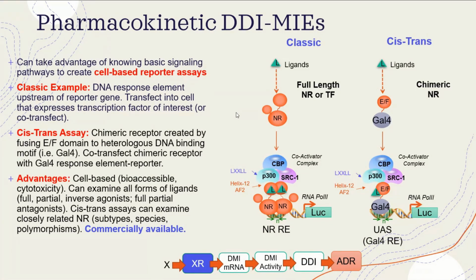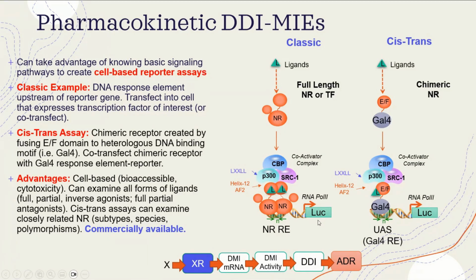What we are doing is we're taking advantage of what we know about how these xenobiotic receptors are causing their biological response. We know they bind to ligand. We know that they interact with pieces of DNA and drive gene expression. So the classic example is shown here, where you have the nuclear receptor that is able to bind to a piece of DNA. In this case, we're trying to develop a very simple system to study this.